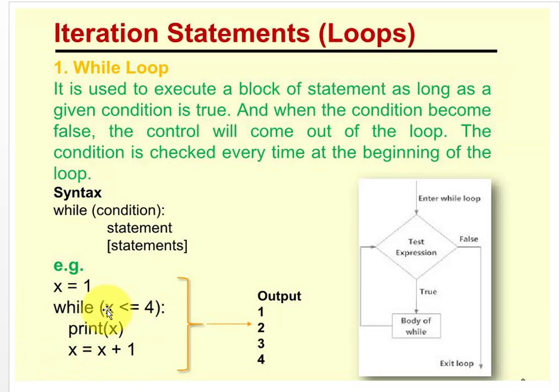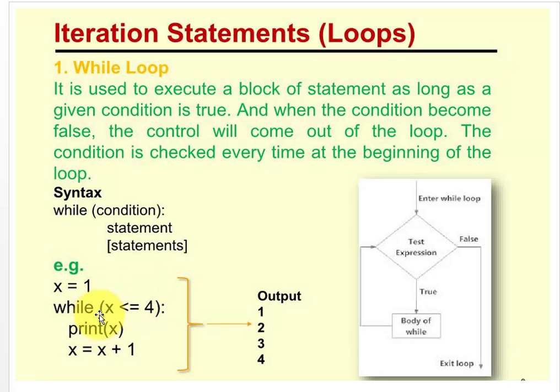Again it asks, is 3 less than 4? Yes, that is true, so 3 will be printed. Next 3 plus 1 becomes 4. Now 4 is less than or equal to 4, yes, that is true, so print x means 4 will be printed. And 4 plus 1 becomes 5. Now the condition is checked: is 5 less than or equal to 4?